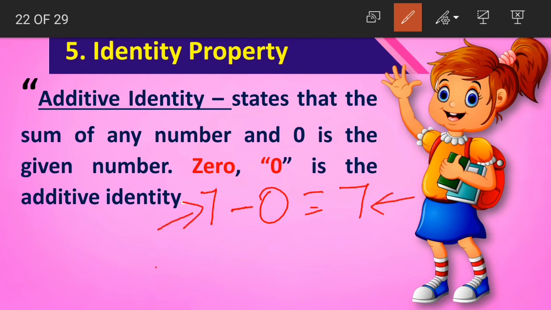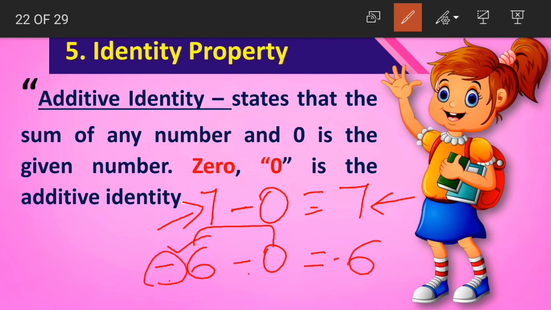Let us take a negative number, for example, minus 6 minus 0 is equal to, again, both the signs are same, so we'll add both the numbers. 6 plus 0 is 6 and 6 is the higher absolute value number. It has a negative sign, so the answer will also have a negative sign. Is this clear, class?